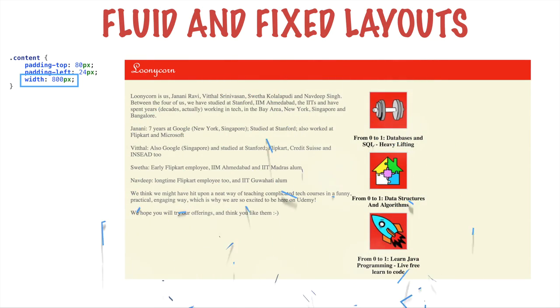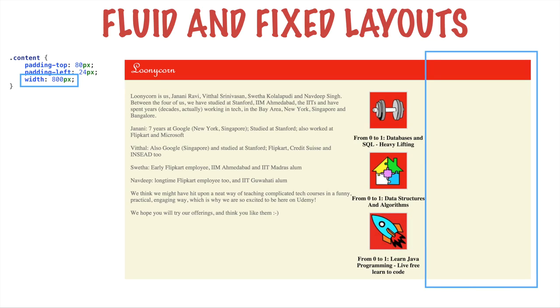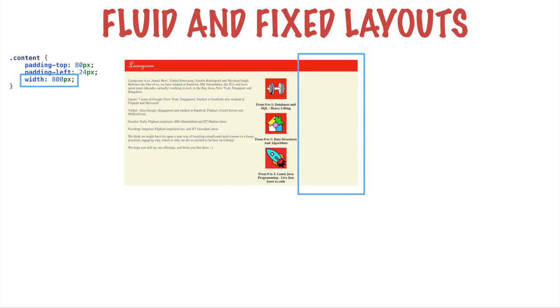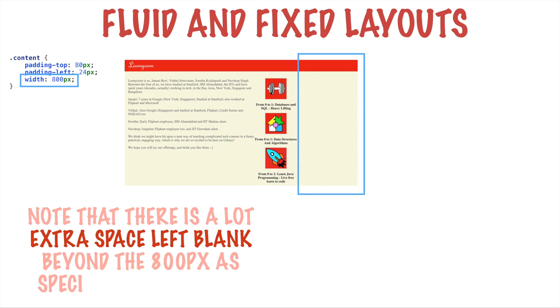Notice all the extra space that we have on the right hand side of the browser window. That's because we've resized the browser to be greater than 800 pixels, but our content only occupies 800 pixels of screen space. There is a lot of extra space left blank beyond the 800 pixels as specified by the width of the content area.